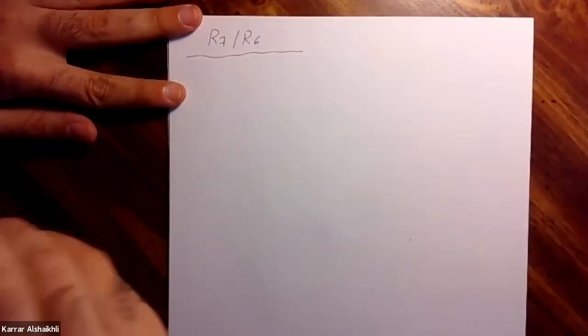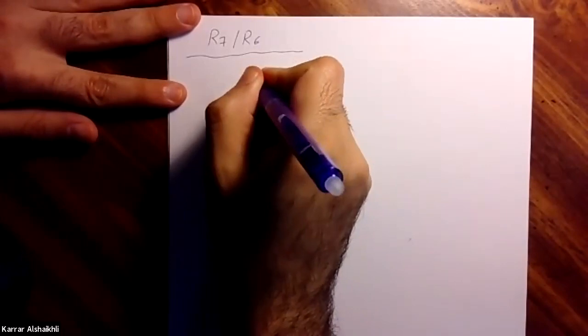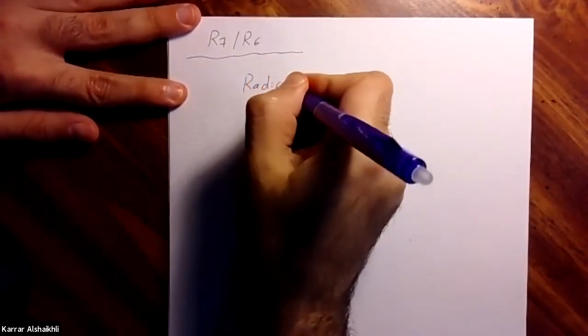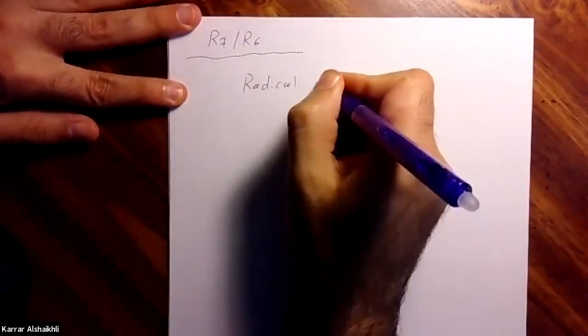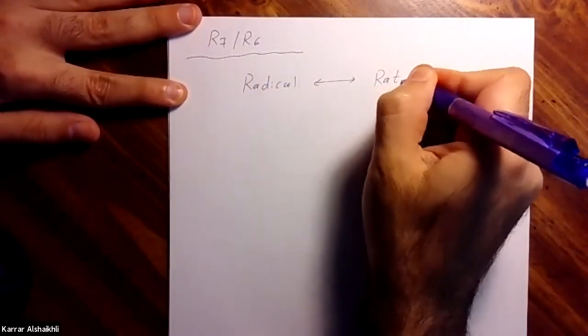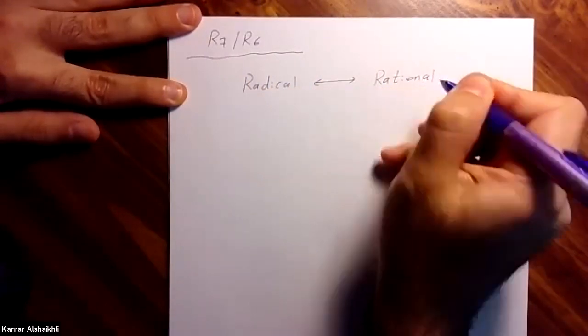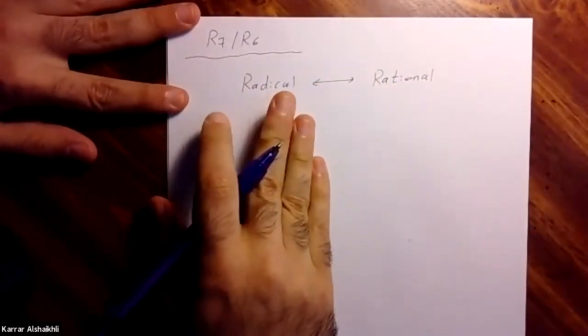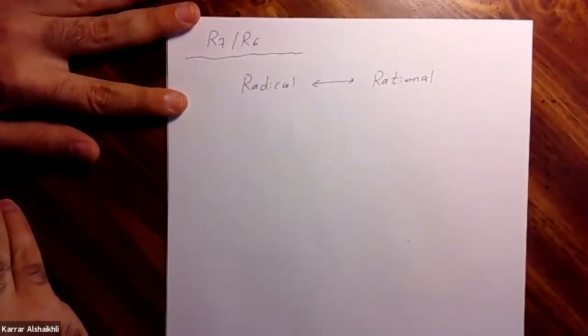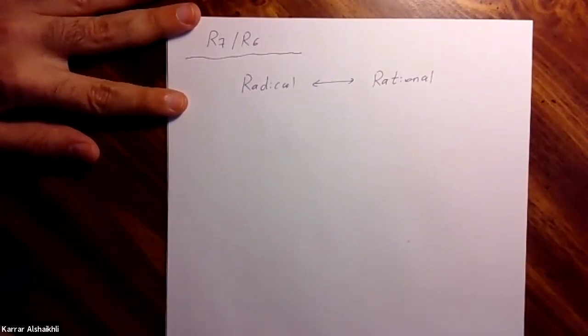I'm going to write down the rule. So here's the radical, and to convert to rational form. The radical, which means the roots, the square root, the cubic root, but we're going to learn the general rule.